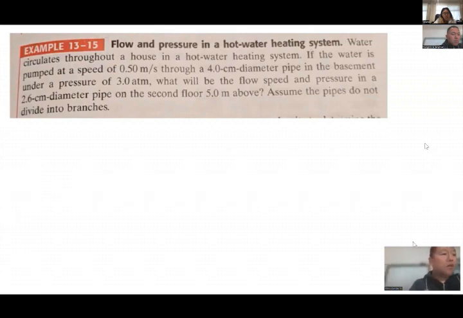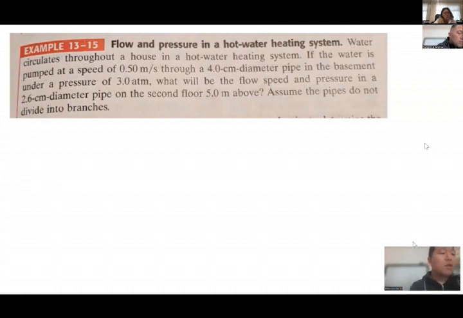Okay, so we have to use the Bernoulli's equation to solve this problem. So there are two spots that have different pressure, density and speed flow conditions. So we have to apply that to solve two variables out of two equations.